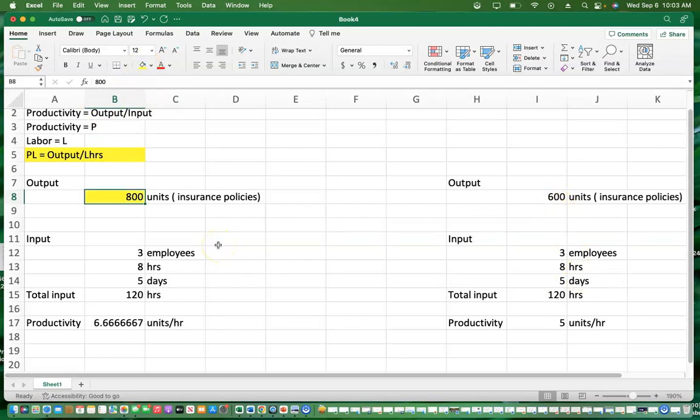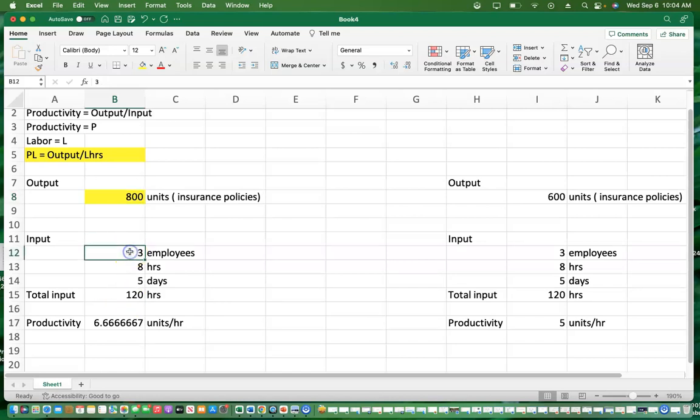The question is, if we use the same employees, same hours, and same days, what will be the productivity of labor? It would change from 5 units per hour to approximately 7 units per hour. You can see that we are using the model we developed to answer anything as it may be required.